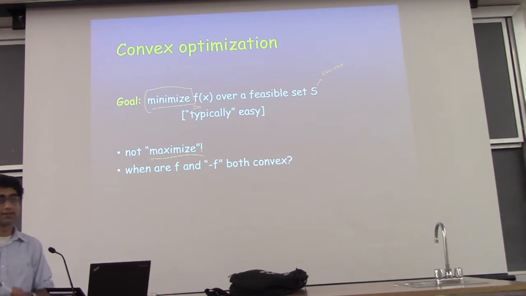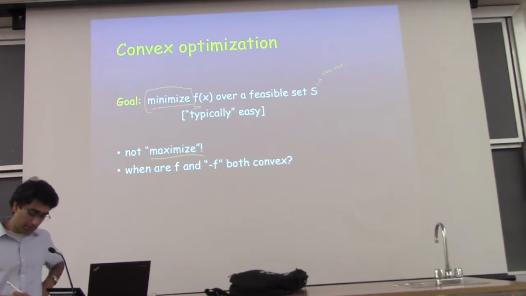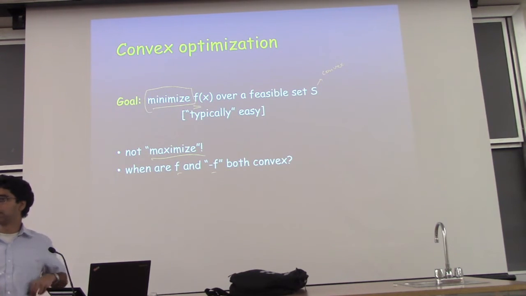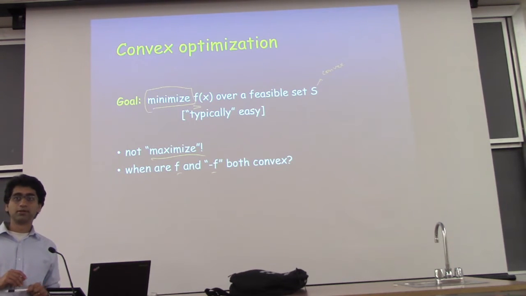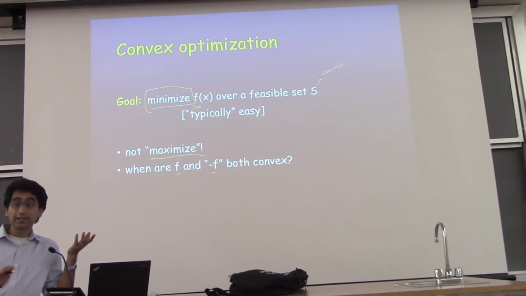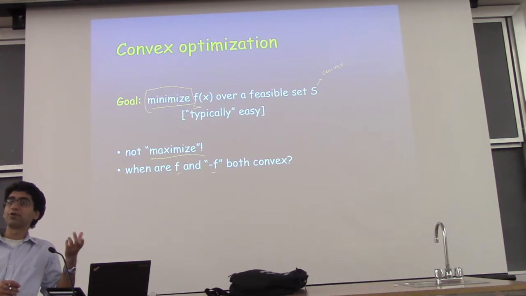So you could ask, maybe f and minus f are both convex. So what would that mean? Suppose f of x and minus f are both convex, then what kind of function should f be? You can easily deduce this. What does it mean that both f and minus f are convex?